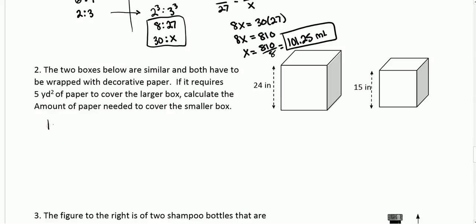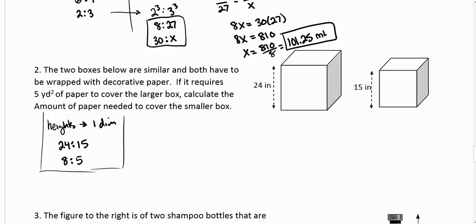So we're given the heights in the diagram, which is one-dimensional. And we got 24 to 15. We can reduce those, divide them both by 3, we get 8 to 5.